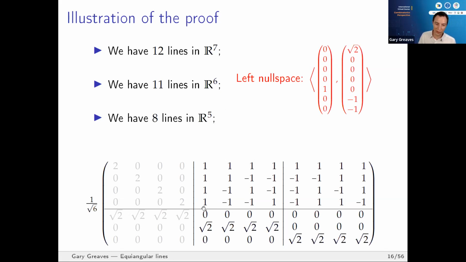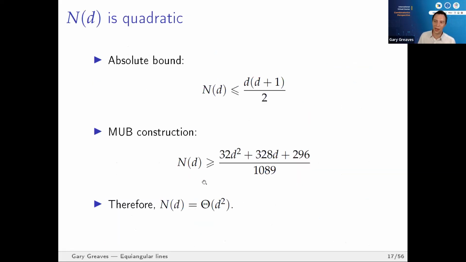And so actually these 8 lines here, they live in 5 dimensions. And this is actually the same as what Duquesne got with his construction. So our construction is just like a slight generalization of Duquesne's, and this allows us to get this lower bound.